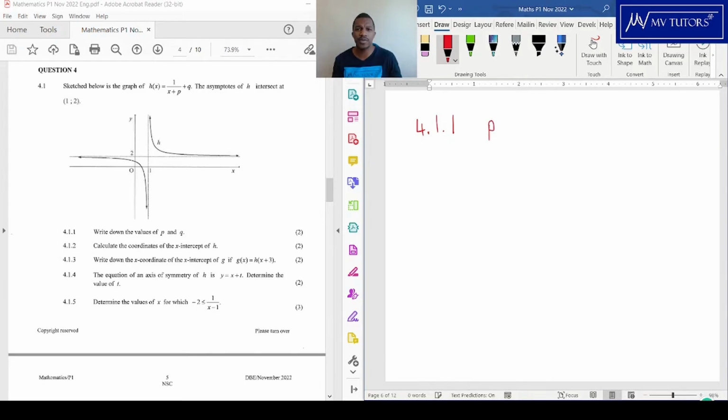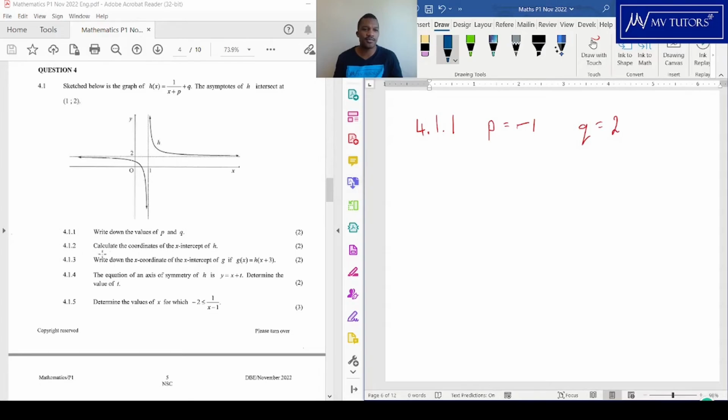Now p has to do with the x, and remember when it comes to the x down there, we always take the opposite sign, so it's minus 1. And then the q has to do with the y, so it's just a 2. We take it exactly as it is, as a positive 2. That's it.